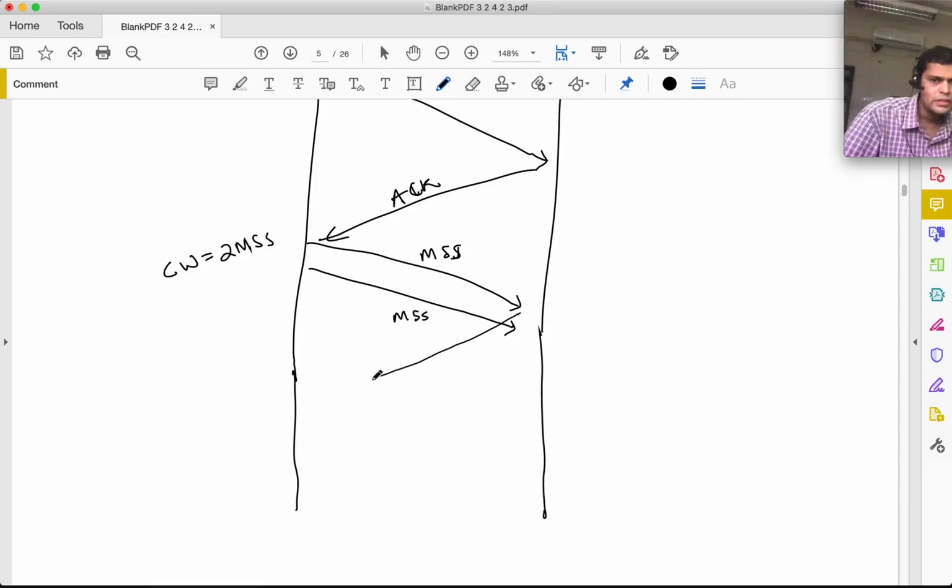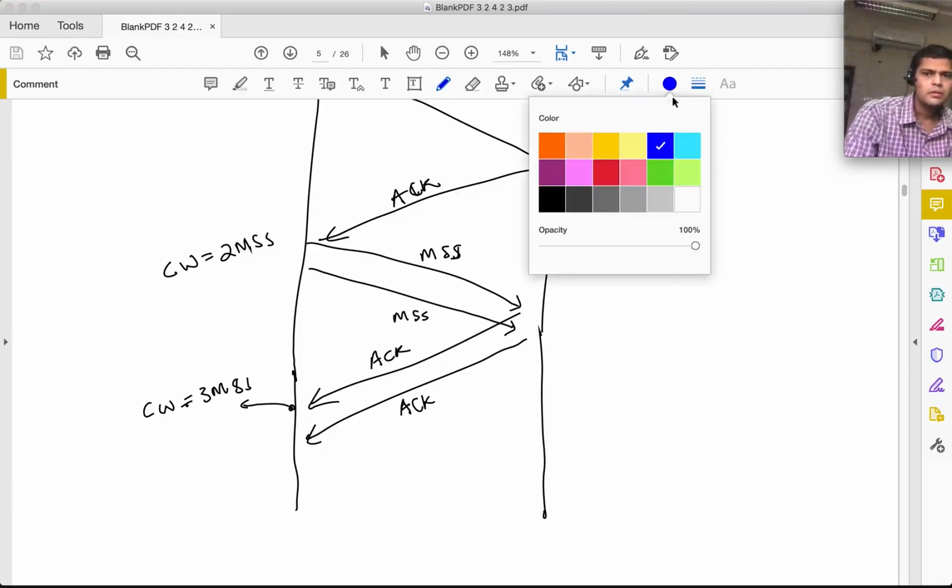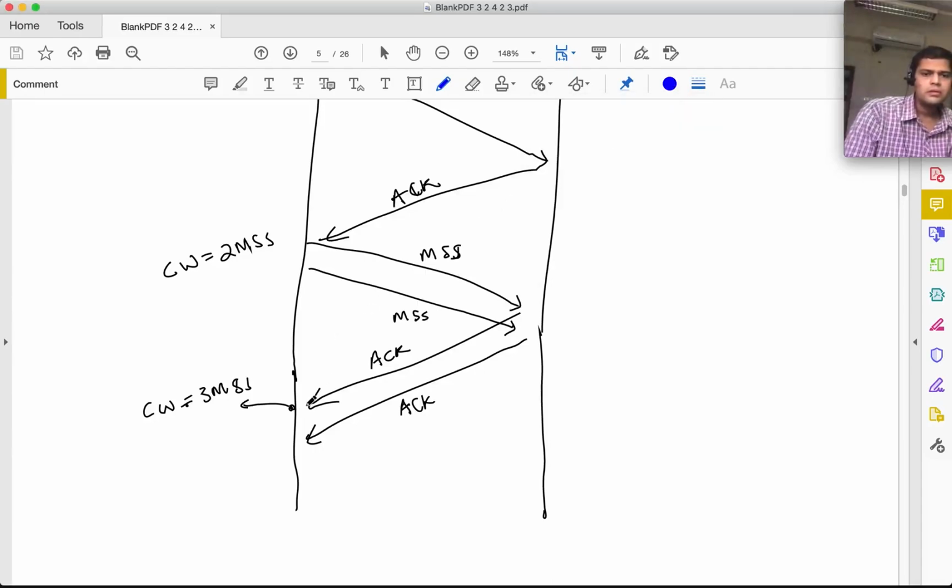Now each of these sends back an acknowledgement. So what's going to happen when this acknowledgement comes back? Congestion window is going to become equal to 3 MSS. So how many packets do we have outstanding?